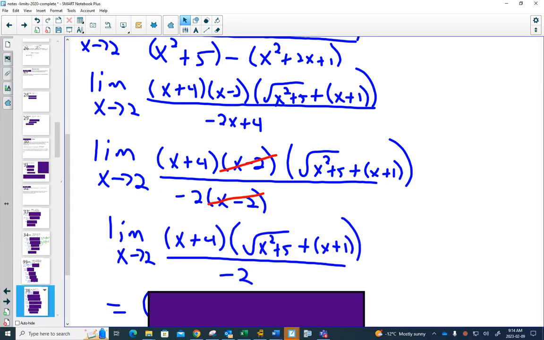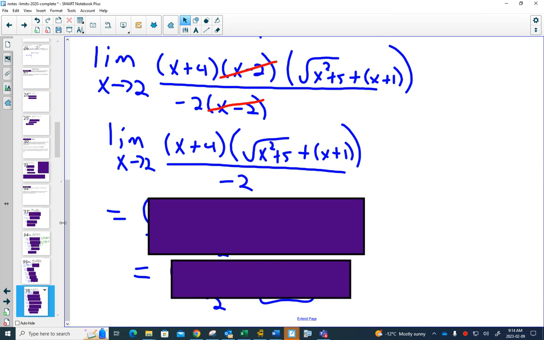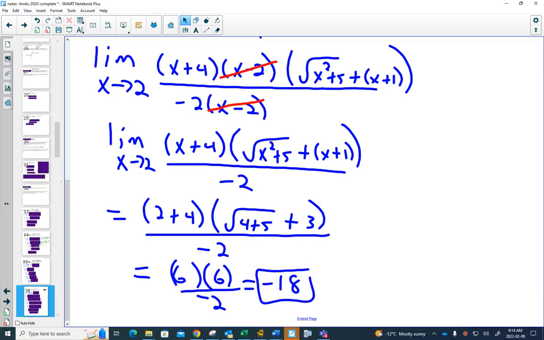And we have gotten rid of the one value that was causing us problems. So now we can plug in to evaluate it.